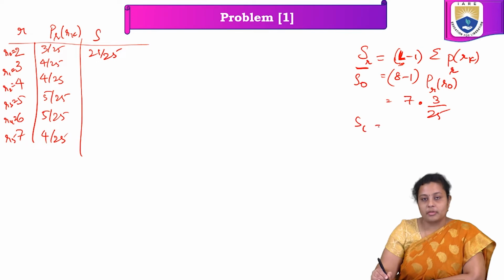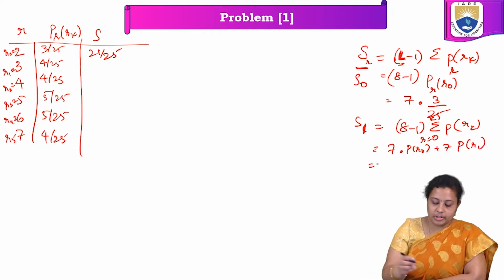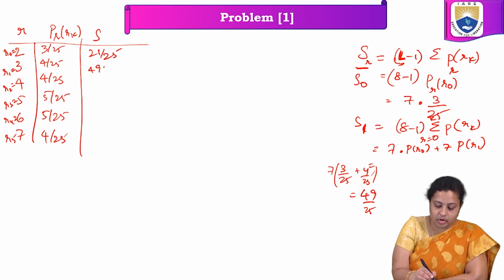Then for s1, it is 8 minus 1 times the summation of the probability of r_j, ranging from 0 to k, whichever k value we are calculating. So it is 7 into the probability of r0 plus 7 into the probability of r1, which is 7 into (3 by 25 plus 4 by 25). That is equal to 49 by 25.